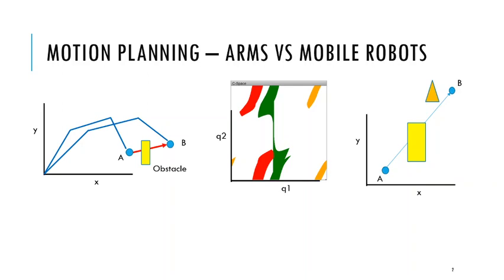Then you map the obstacles from Cartesian space into configuration space. This map in white shows the acceptable positions of q1 and q2 in configuration space. If the robot assumes a configuration somewhere here, it will not hit anything, whereas the colored regions are illegal because of collision, since here you have an obstacle.